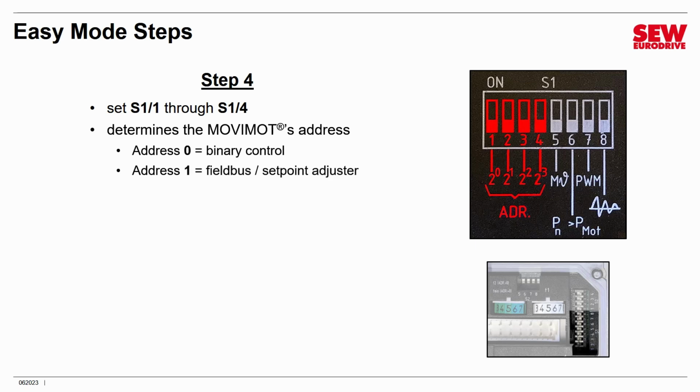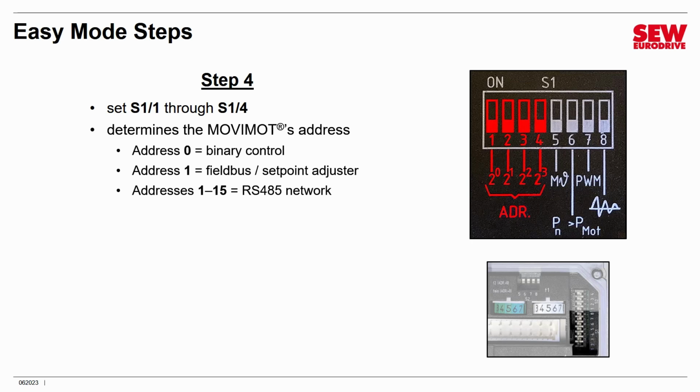On the other hand, if you're going to operate the MOVIMOT either with a field distributor or the set point adjuster or one of the other RS-485 devices that you can connect to it, you'll set it to address 1 because it expects communication on that address. If you're using a PLC or a digital controller that's equipped with an RS-485 interface and you're setting up an RS-485 network with multiple MOVIMOTs on it, then you would set the address anywhere between 1 and 15.